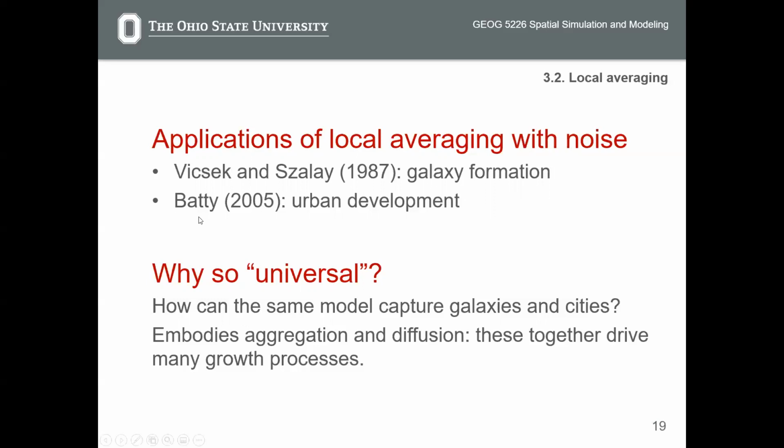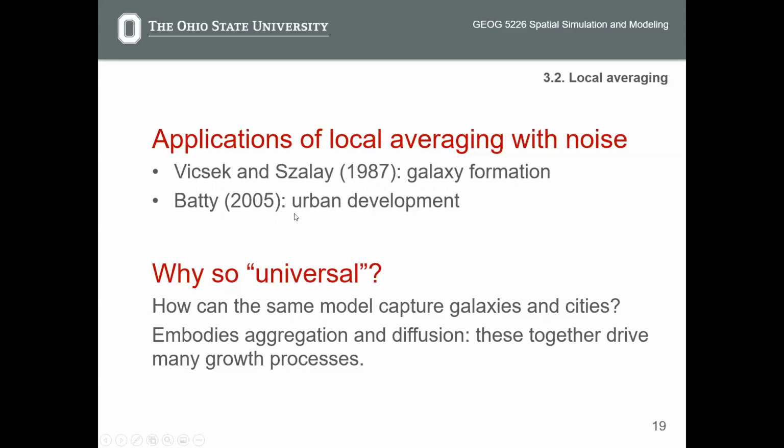But Batty, in his 2005 paper, also used a similar model to simulate what? Urban development. If you compare urban development and galaxy formation, they're incomparable in terms of scales. But why is this model so universal?